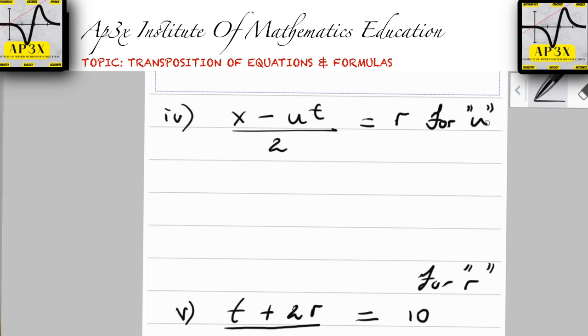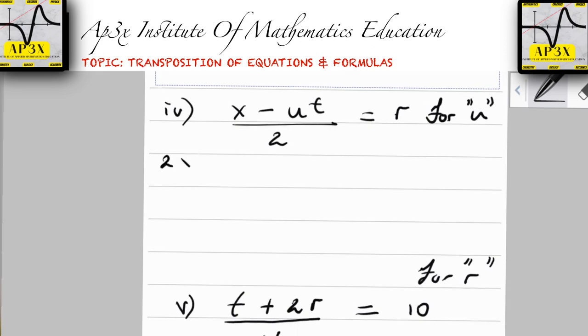So the very first thing that you want to get rid of here is in fact the 2. I can either choose to cross multiply by putting the R over 1 and cross multiplying, which I don't want you to do. I would prefer if you simply multiply both sides by 2. So we end up with 2 multiplied by X take away UT all over 2, and that's going to be equal to R multiplied by 2.